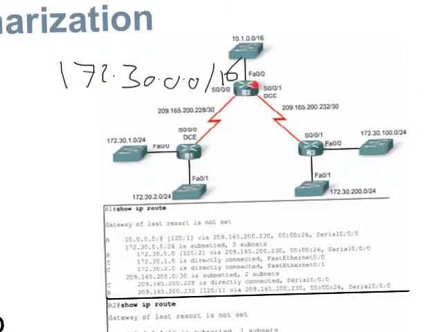What does R2 do in that case? You have two incoming route updates with the same cost going in two different directions. What are we supposed to do? No one remembers?